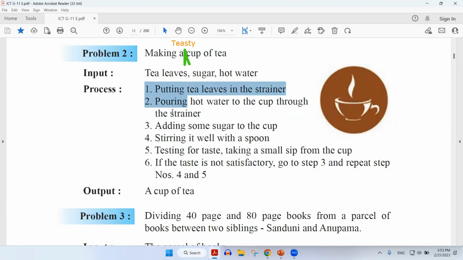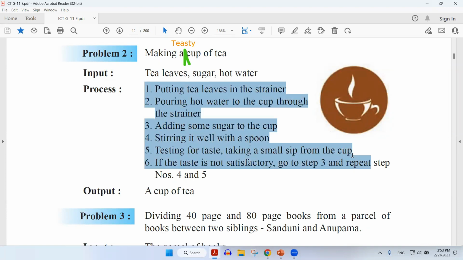And you can realize, if you think about how your mom makes a cup of tea, it can be a little bit different from this, right? If you take my mom as an example, she first puts the tea into a cup, pours the hot water into it, stirs it, and then uses the strainer to filter the tea dust from the plain tea.